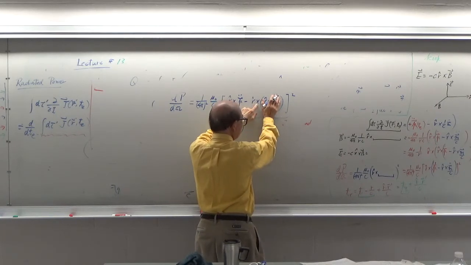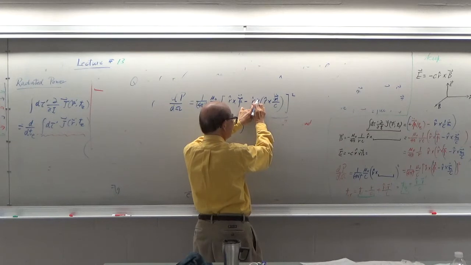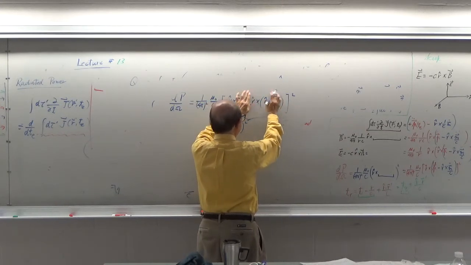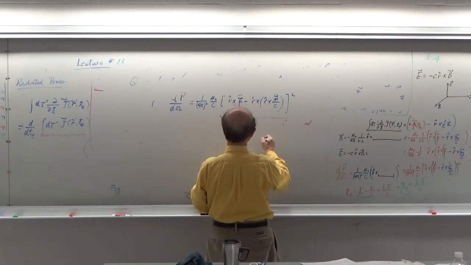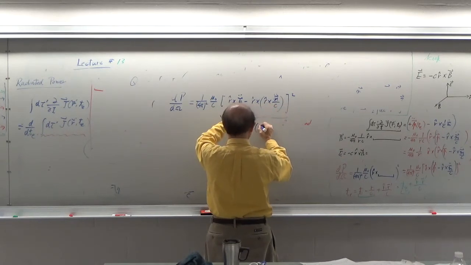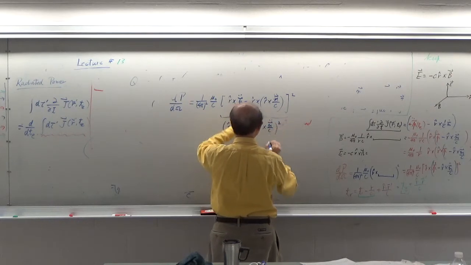The cross here gives you the sine of the angle between this vector and this vector. But since this vector is orthogonal to r hat, the sine of the angle between them will be 1. So the square of this is just the square of that. So plus r hat cross m over c squared.